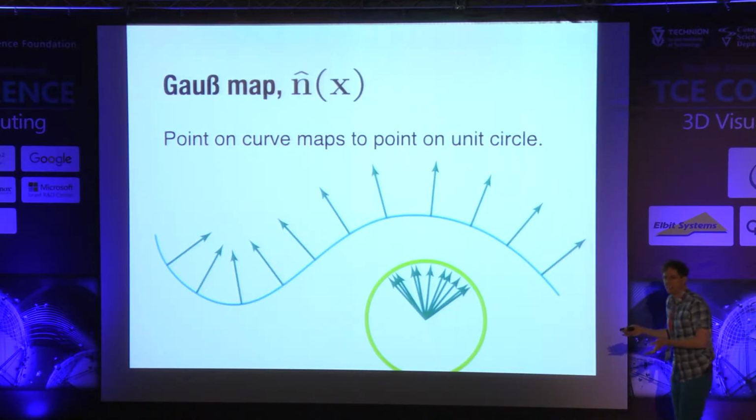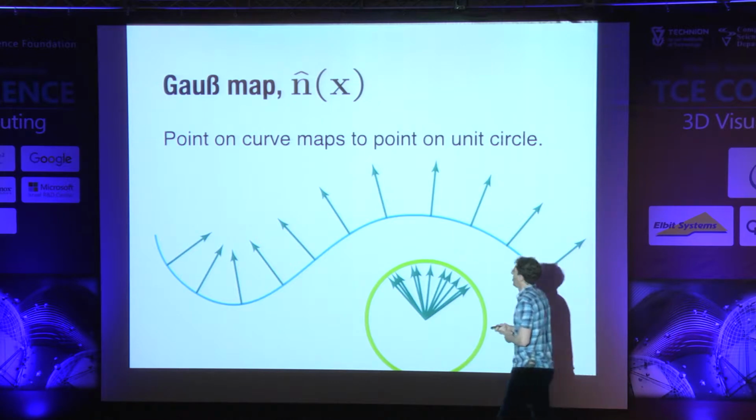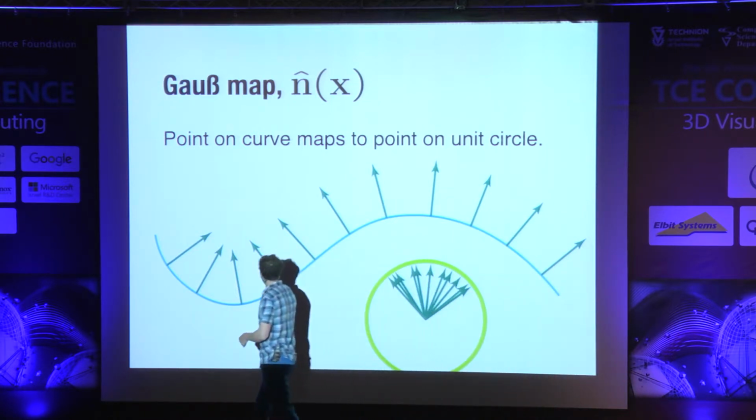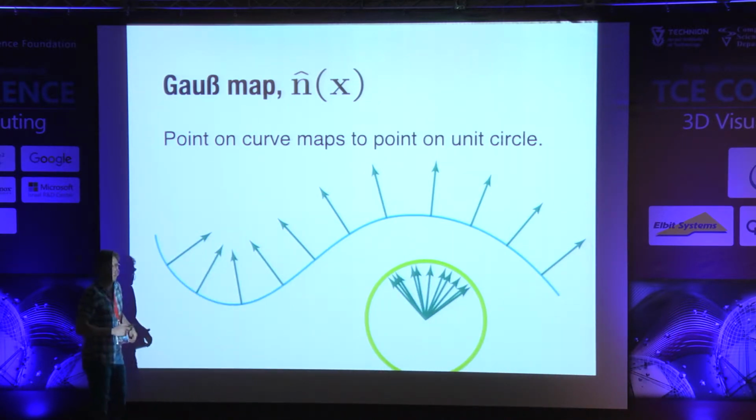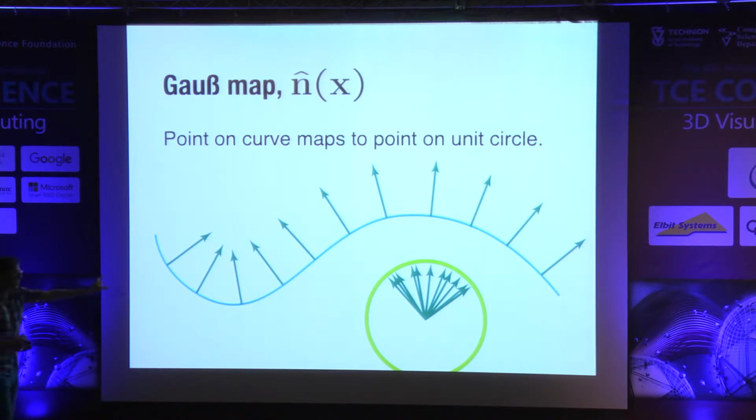We can talk about the Gauss map for the curve. So for any point on the curve, we have a normal vector. We can take the unit normal and translate it to the origin. So the tip of the normal now falls somewhere on the unit circle, or the unit sphere in 3D. And so now, as we traverse the curve, we can consider the image of the Gauss map.